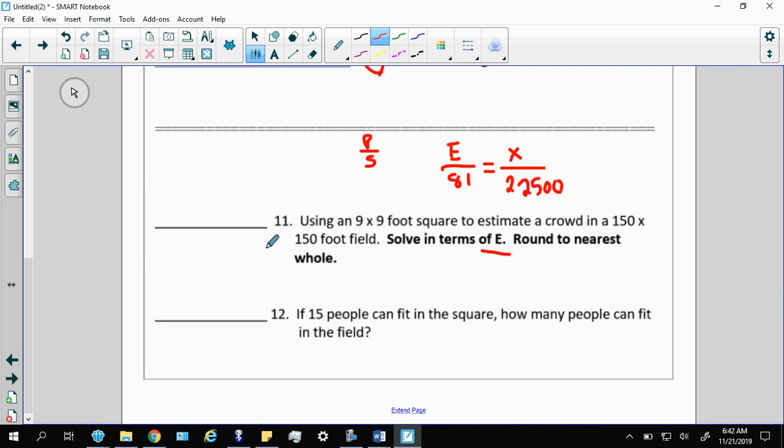Cross multiply and solve. 278 E. And it says if 15 people, very simply just take 15, throw it in there. 4,071 people.